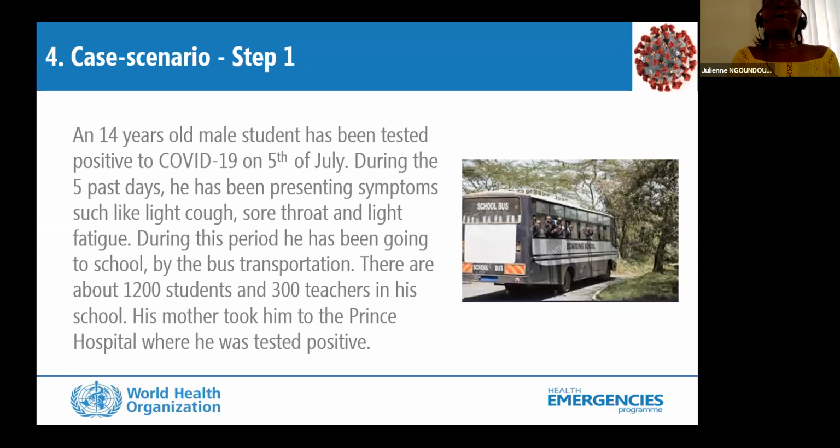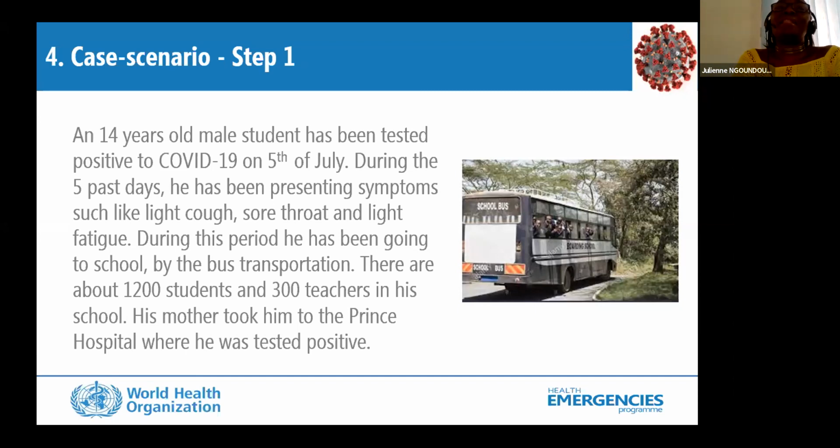So the scenario is in two steps. This is the first step. A 14-year-old male student has tested positive for COVID-19 on the 5th of July.